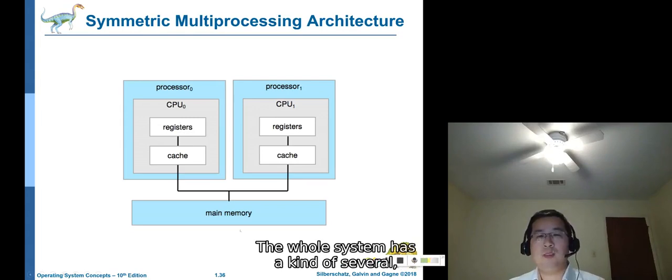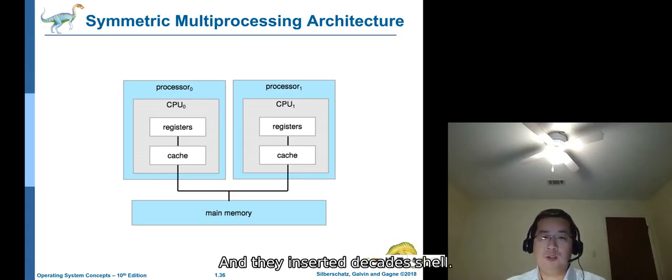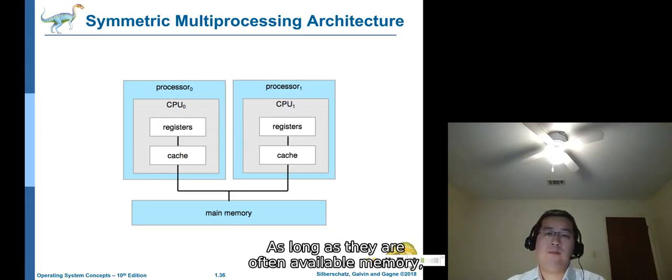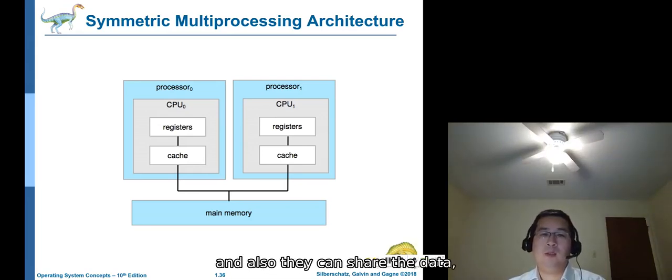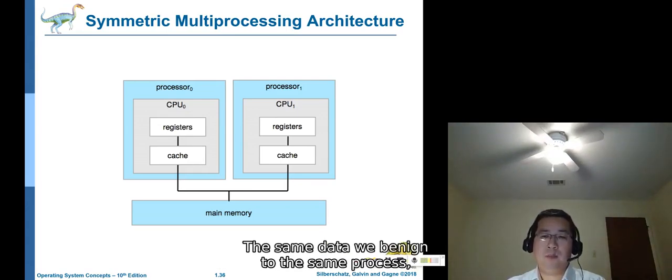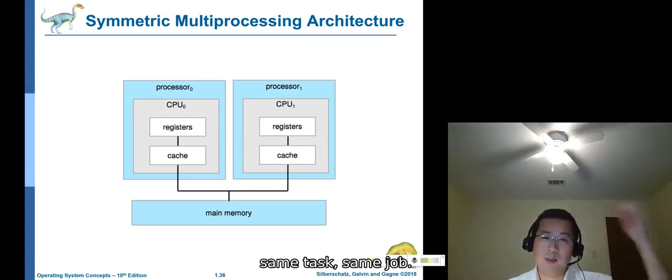The whole system has, for example, several pieces of memory inserted. They can share as long as there is some available memory. They can save their data there, and also they can share the data via this method. For example, they process the same data belonging to the same process, same task, same job.